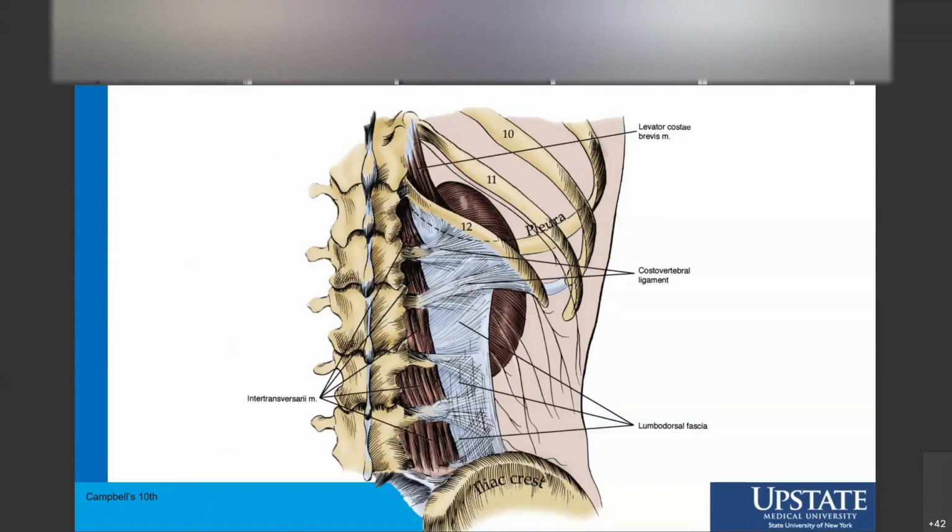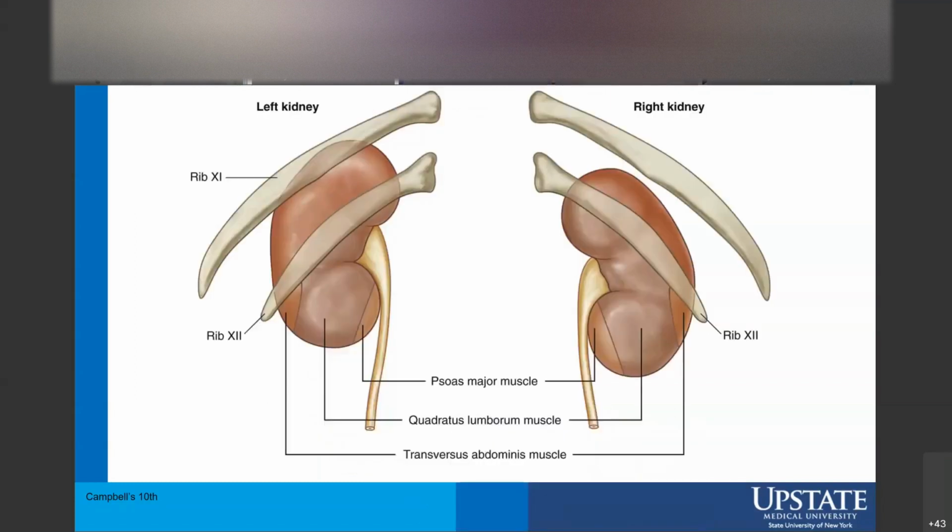We want to recognize that there's the intertransverse muscles that are on the medial aspect of the kidney, and the kidney does extend up even sometimes between the 11th and 10th rib. These are different on each side, with the right kidney being a little bit lower due to the liver in the way.